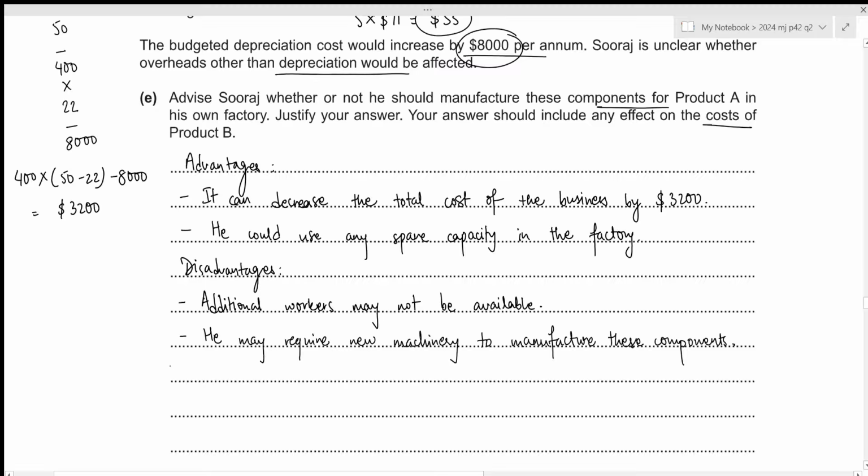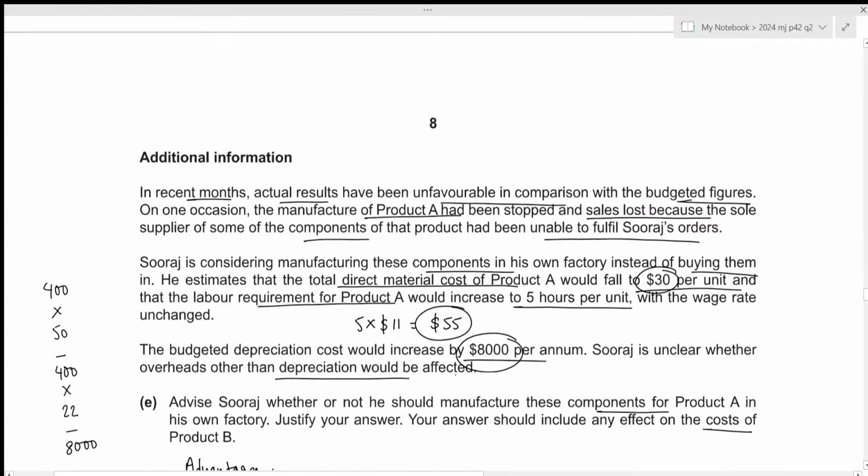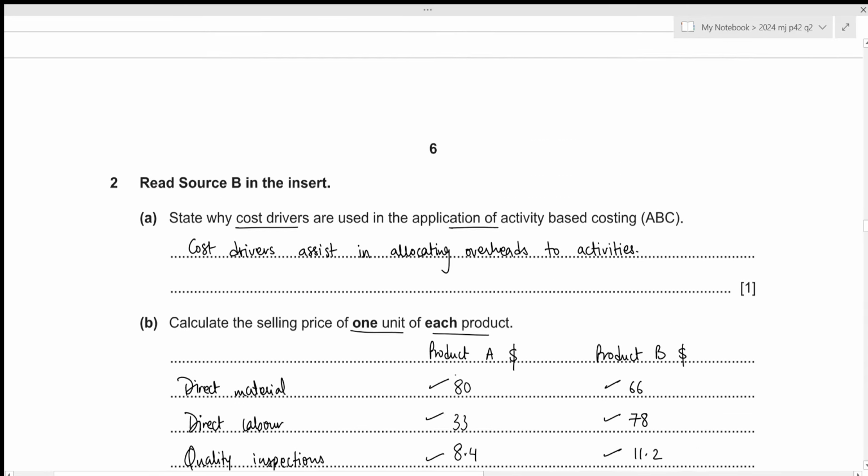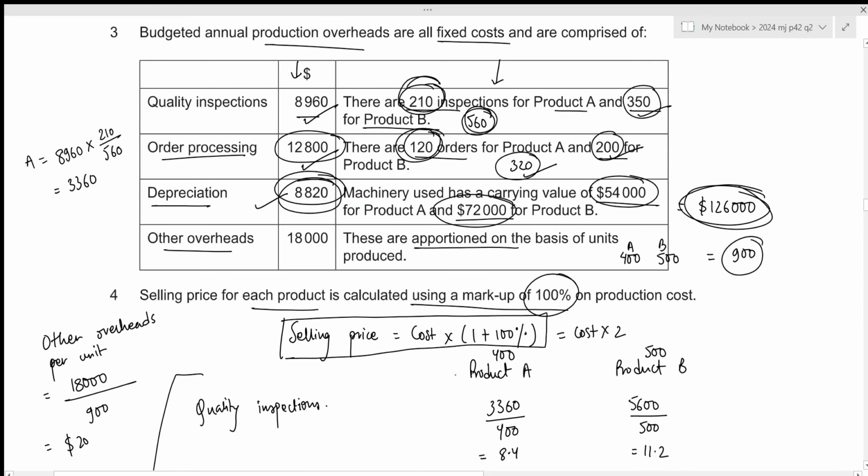Now we can talk about effect on the cost of product B. So for product B, we need to take a look at our cost drivers, because manufacturing our own component can also change the cost drivers.